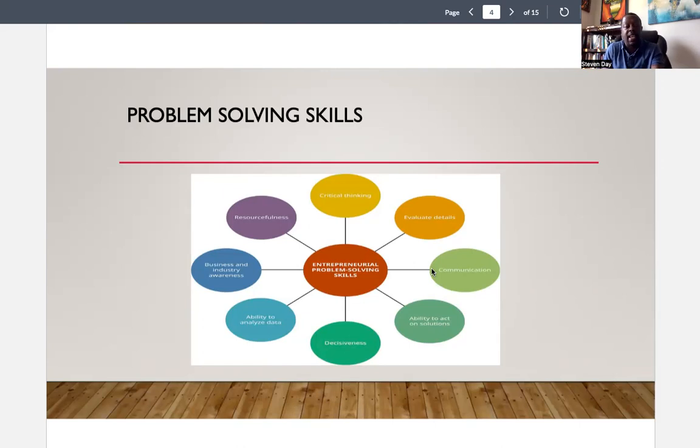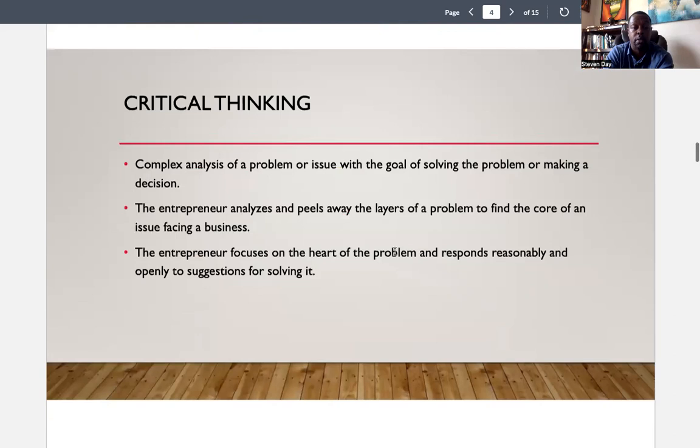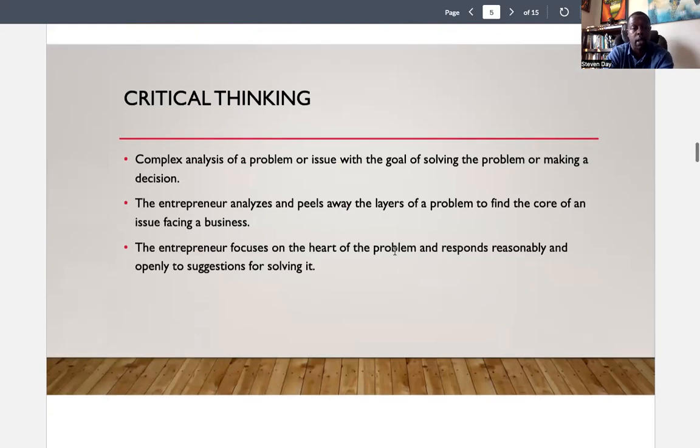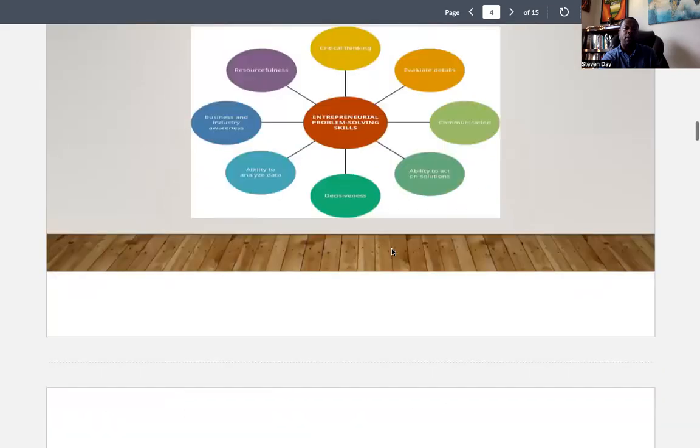The ability to analyze data, that analyzing that we talked about, the Bloom taxonomy, business and industry awareness, resourcefulness, and it goes back to critical thinking. And all these things collectively pour into the entrepreneurial problem-solving skills. So take some time to look at these things, under each component of the problem-solving skills.